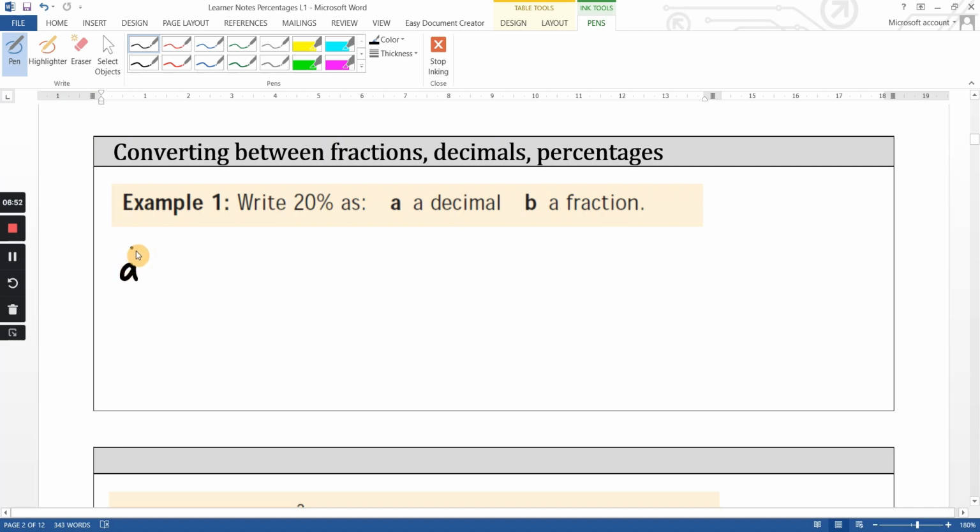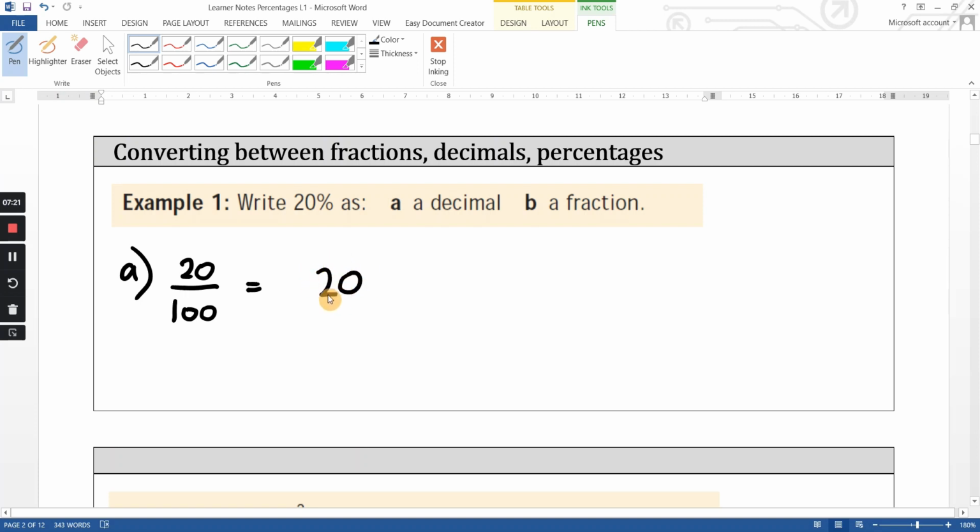Okay, well, 20%, I'm going to write it as a fraction first. 20% means 20 out of 100. And this line means divide, doesn't it? So you've got 20 divided by 100. Think of it as your place values, your decimal point is going to jump backwards.